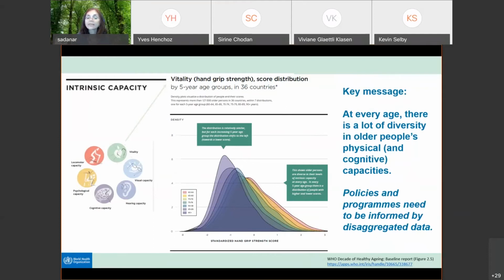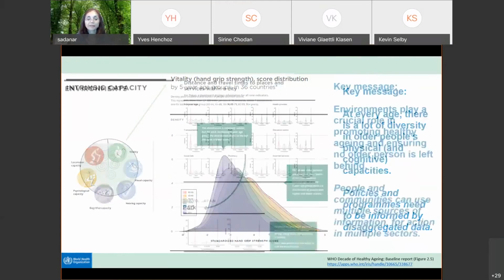And this underlines that there is no typical older person, and policies and programs need to be informed by disaggregated data. I don't have time to show more details, but we have more information in the report and the detailed background paper that provides the analyses, background and methods.